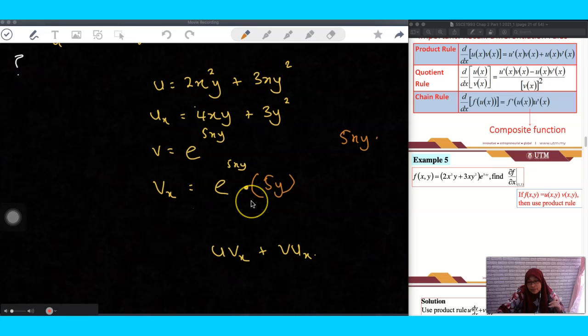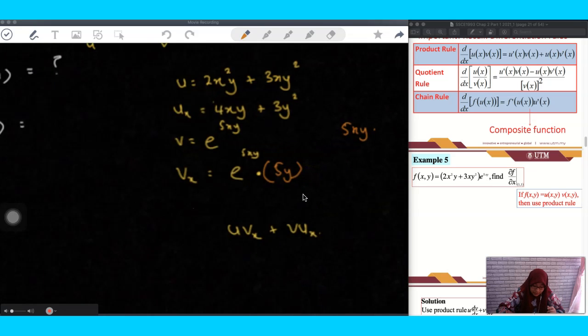The chain rule is the name of the procedure, but the step you have to show on the paper is the derivative of the outer function, because this is an exponential, you get the exponential back, multiplied by the derivative of the inner, with respect to x, which is 5y. So that is your vx.